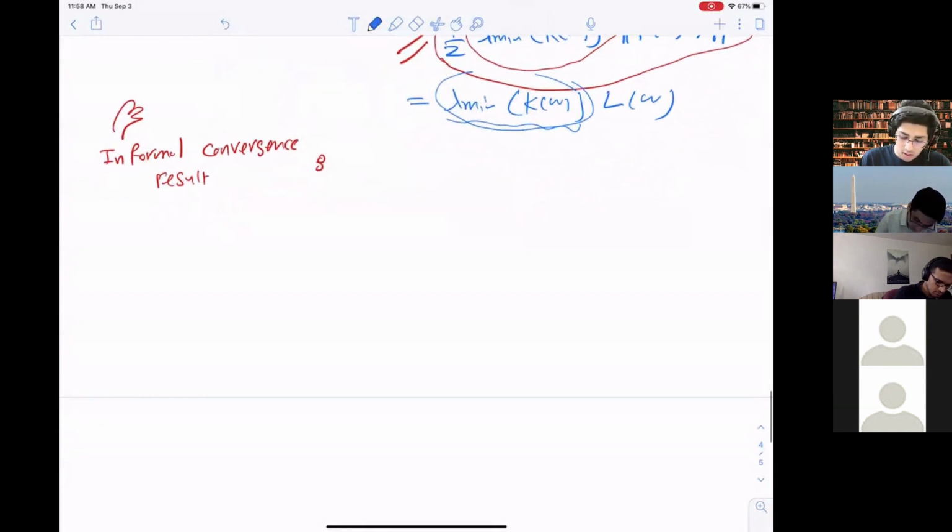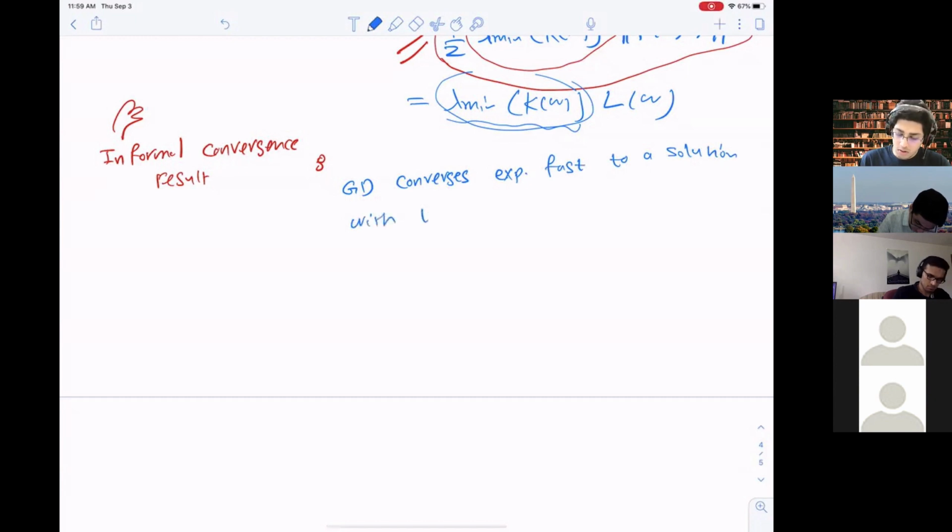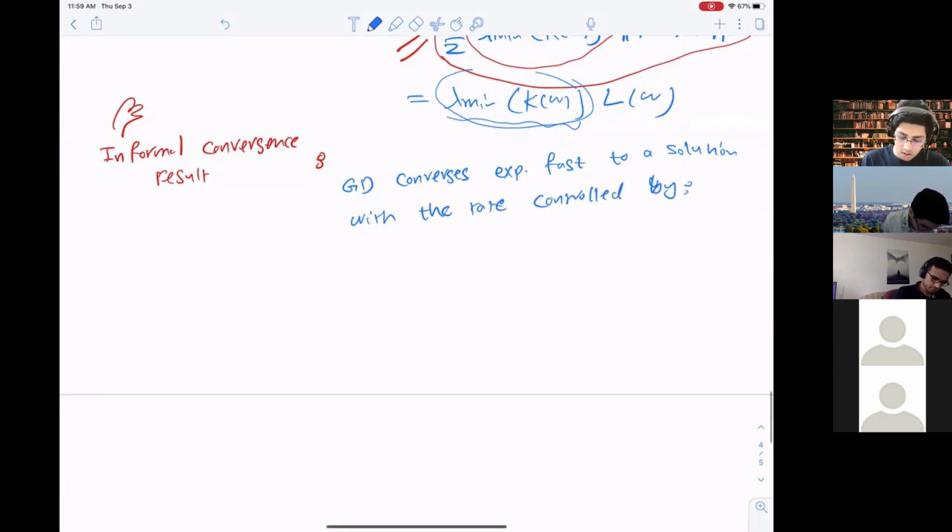Basically the result says gradient descent converges exponentially fast to a global solution. What is the rate of the convergence? The rate is controlled by this quantity.